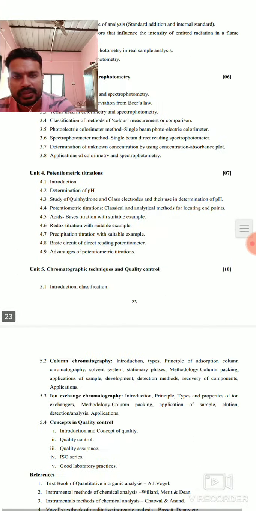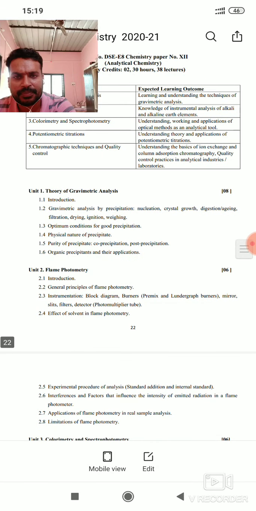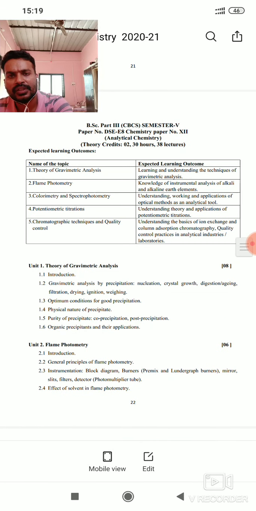Now, in this analytical chemistry paper, we have discussed the 5 topics it includes. We know that as chemistry students, we have a wide scope in different pharmaceutical laboratories as well as industries. And we should have good knowledge of analytical chemistry to get a job or to work in such pharmaceutical laboratories.